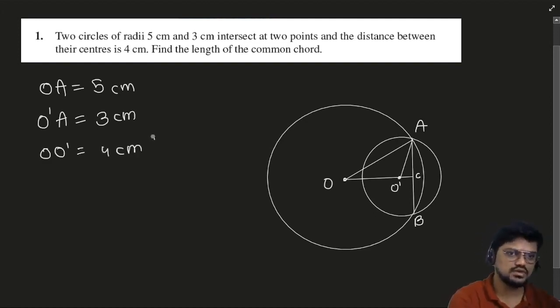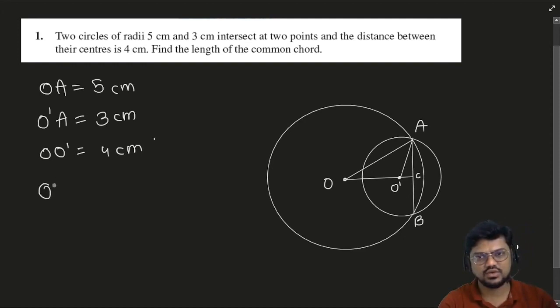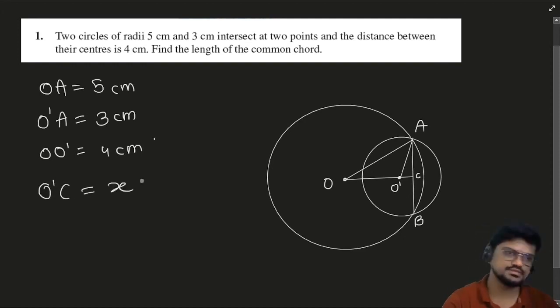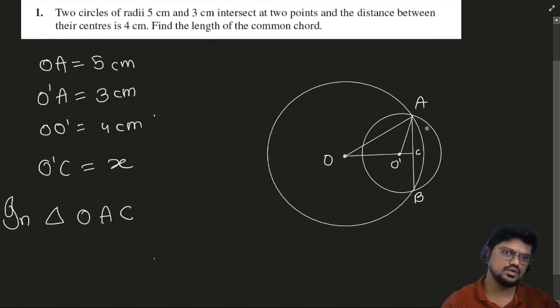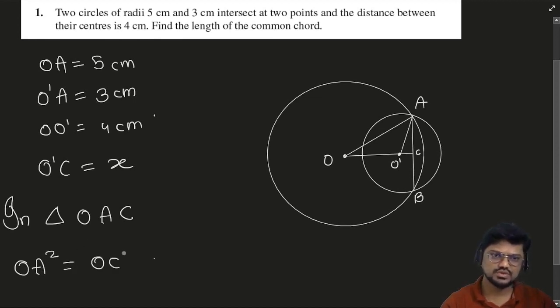All this I know. I consider O dash C equal to X. Now in triangle OAC, OA square will be equal to OC square plus AC square.